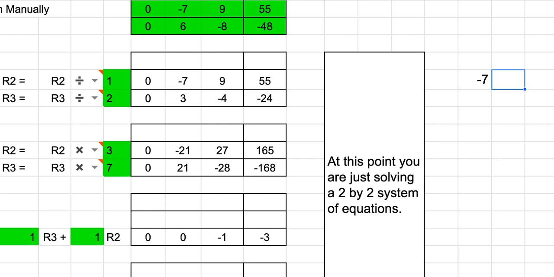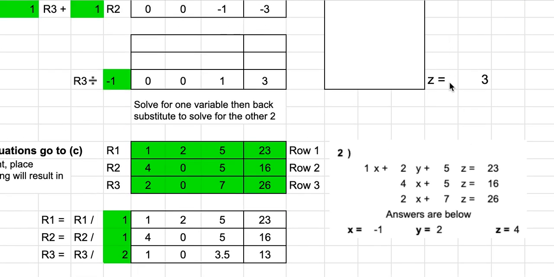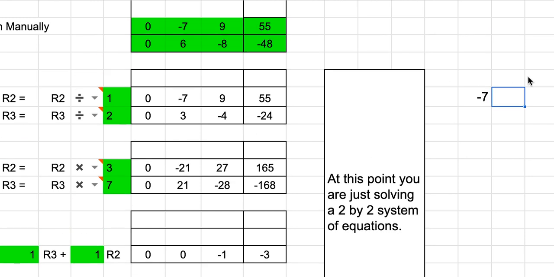Did I figure out what y was? No, I figured out what z was. So negative 7y plus 9z, and z is worth 3.